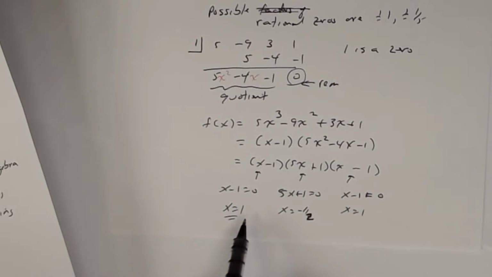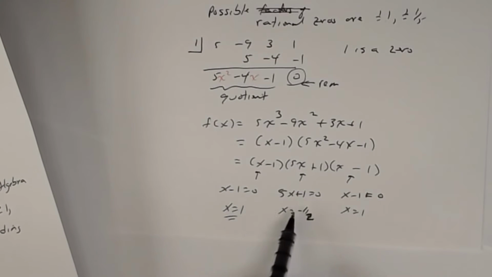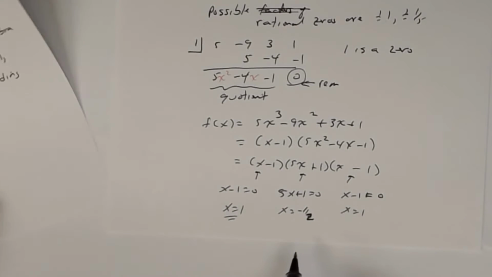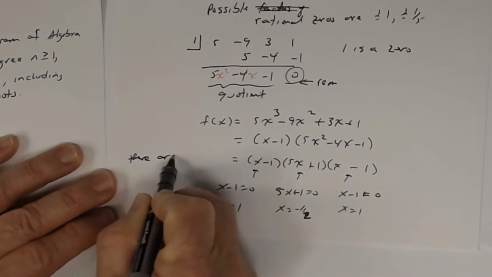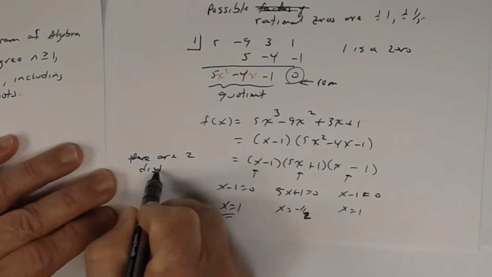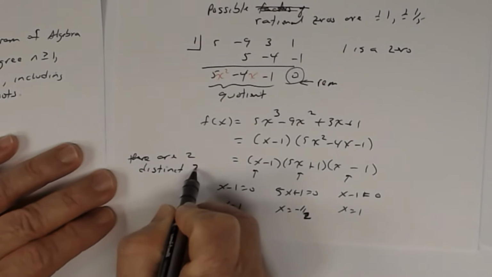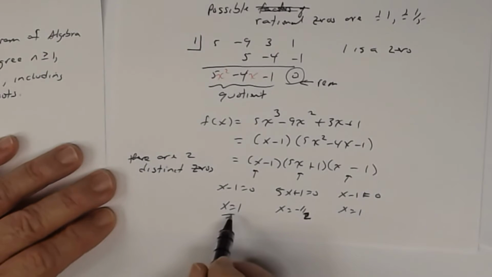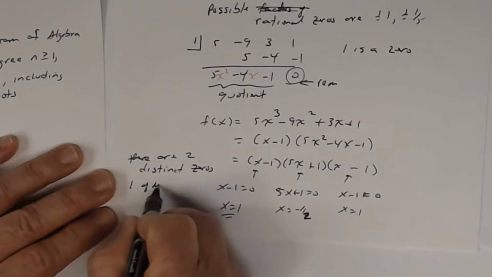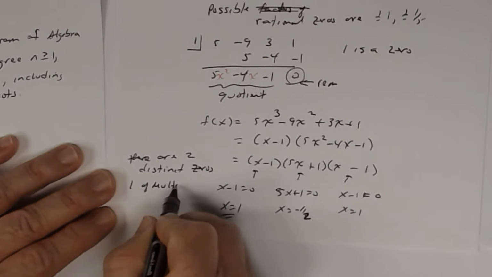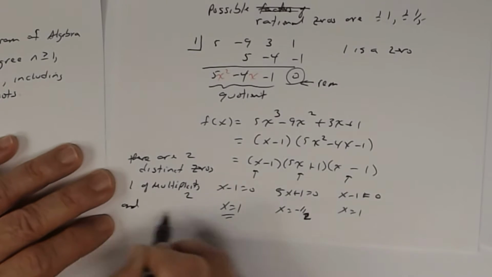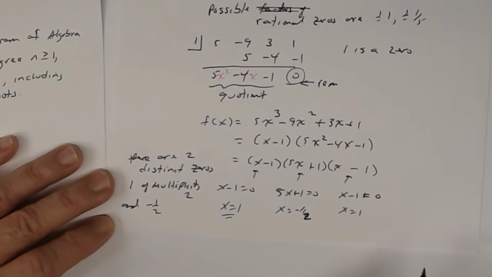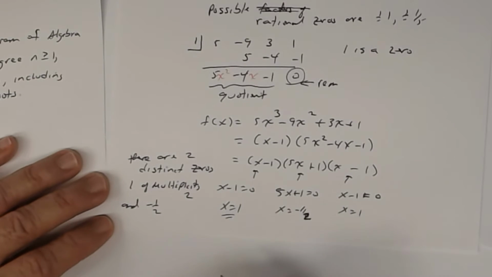Notice that I have two distinct zeros. So notice, let me write it here. There are two distinct zeros. So there are 1 of multiplicity 2, and negative 1/5. All right, and they're all rational. So these are rational zeros, right?